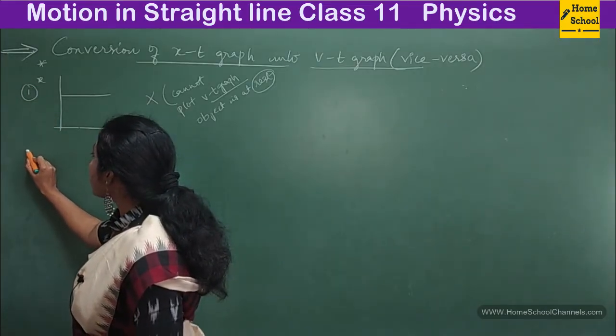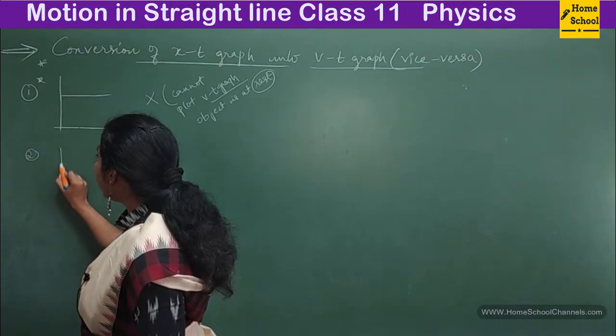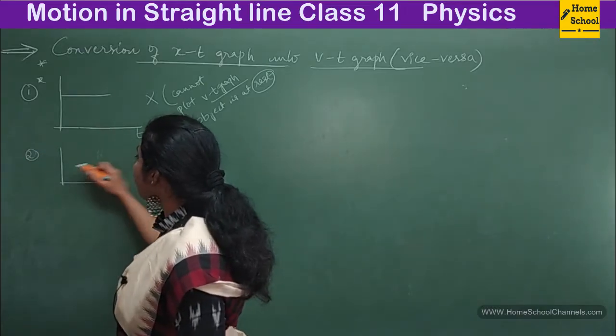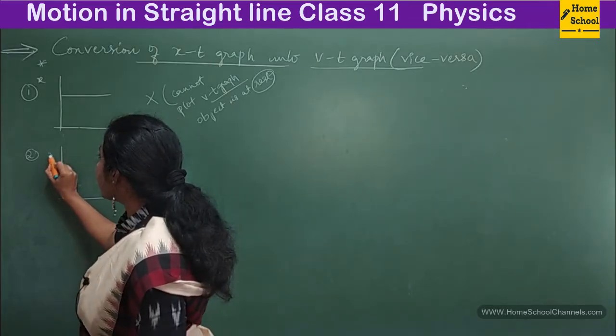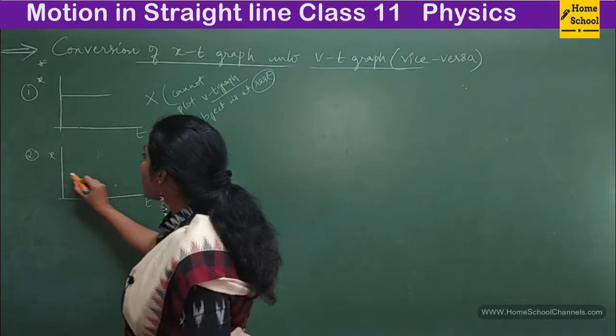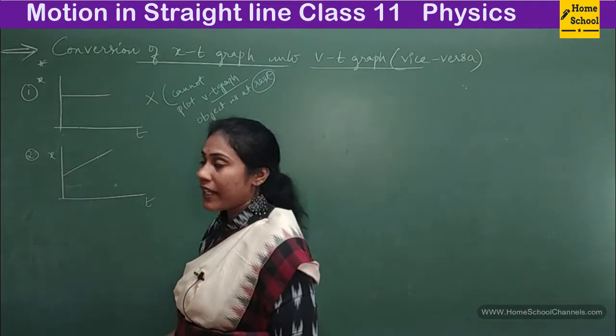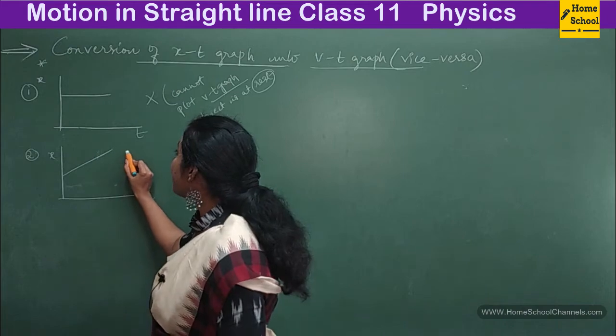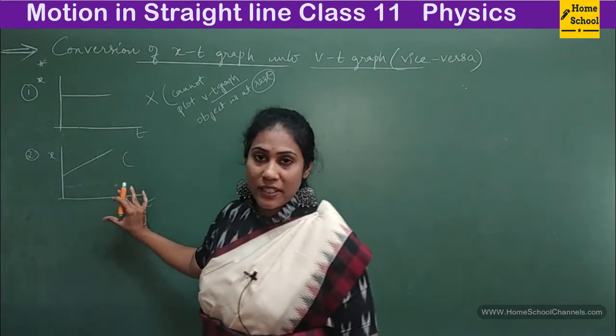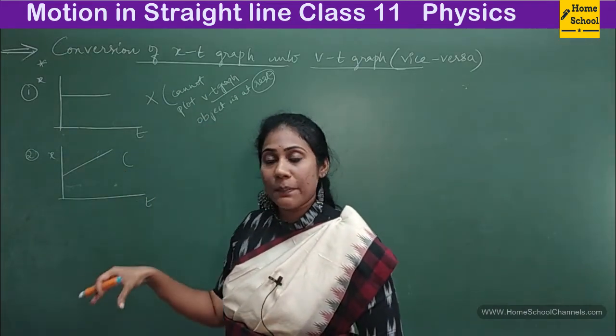Coming to the second point, in case our XT graph looks something like this, what does this mean? This means uniform motion. Yes or no? We studied XT graphs in our previous video.